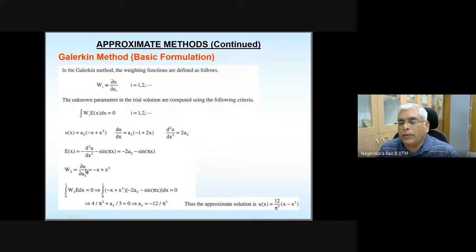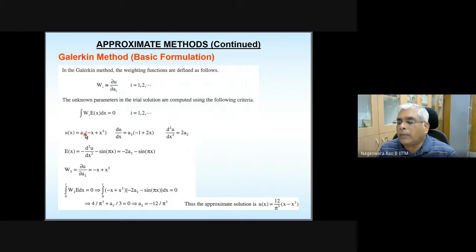Now you take this as the weight function and, as usual, multiply the weight function with the error function and integrate over the problem domain. You are going to get as many equations as there are weight functions, which is as many as the unknown parameters in your admissible solution.